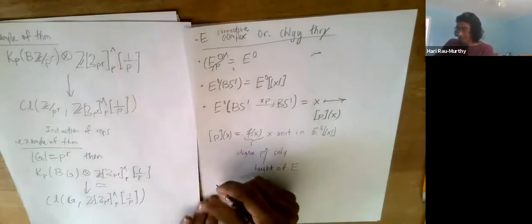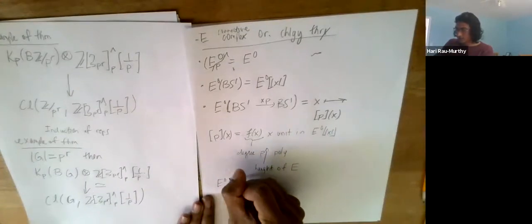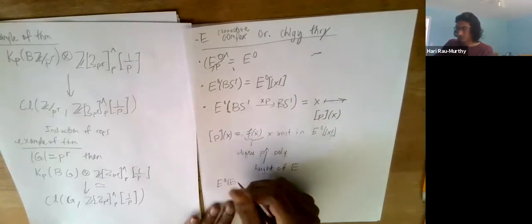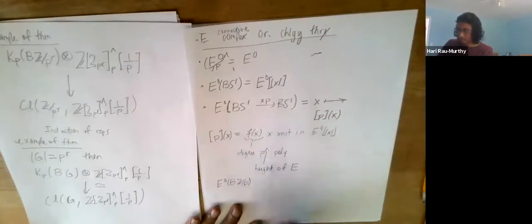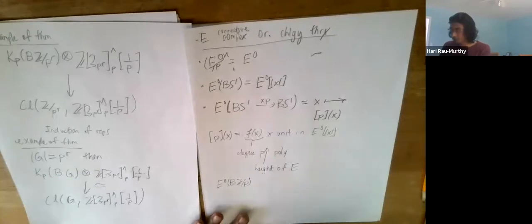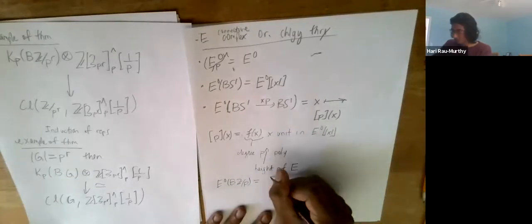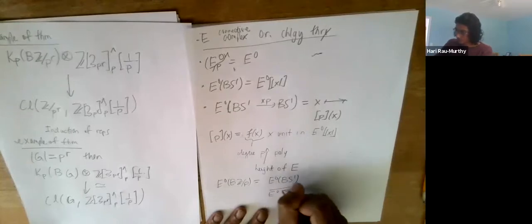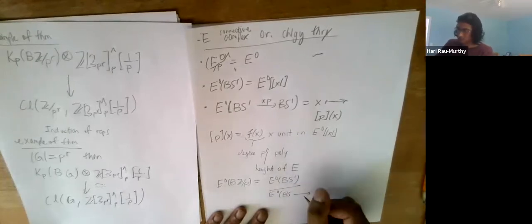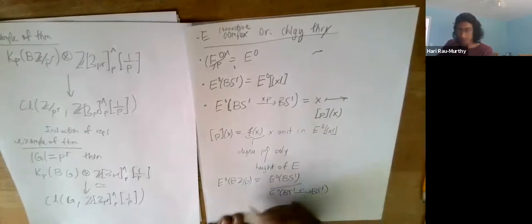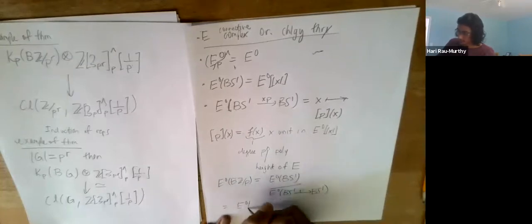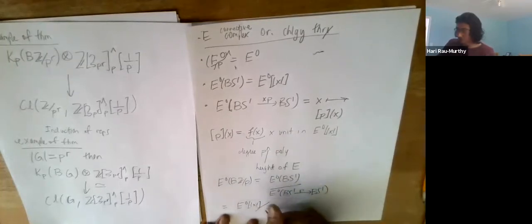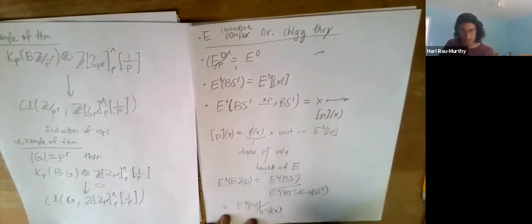So when I look at the cohomology of BZ mod p, I want to replicate the calculation I did with K theory. This is equal to the cohomology of BS1 modulo the multiplication by p map using the Gysin spectral sequence. And this is E0 of X modulo the p-series in X.